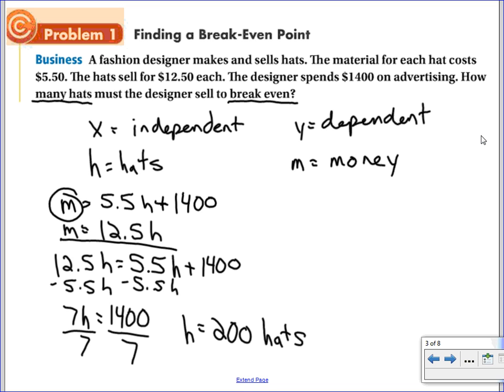Now, how much money would that be if we do sell 200 hats? You could plug that back in. Take your H and plug it back into either one. I'm going to plug it into the simpler of the 2.